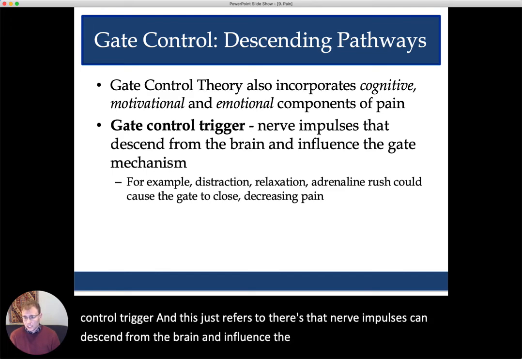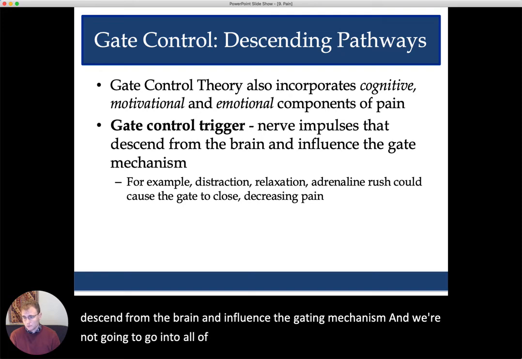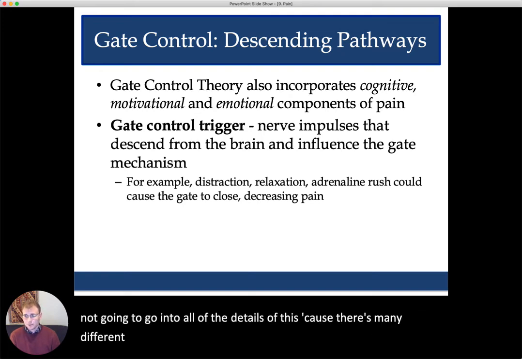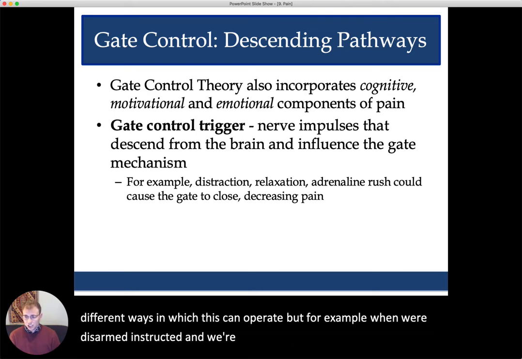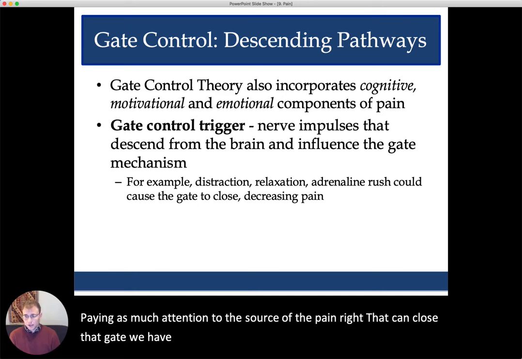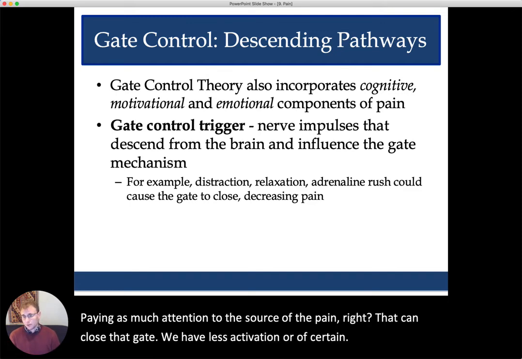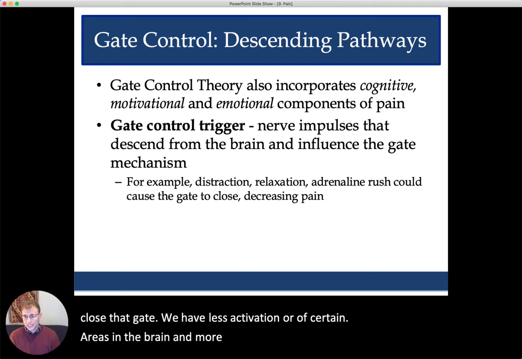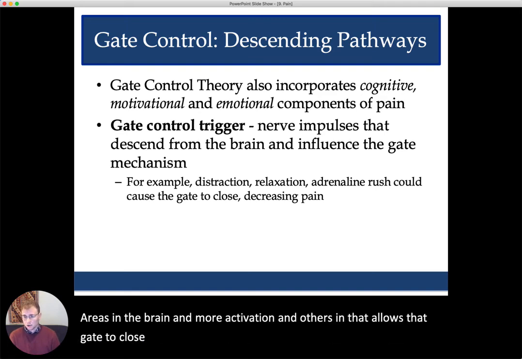And we're not going to go into all of the details of this because there's many different ways in which this can operate. But for example, when we're distracted and we're not paying as much attention to the source of the pain, right, that can close that gate. We have less activation of certain areas in the brain and more activation in others, and that allows that gate to close, at least somewhat, and so we don't experience as much pain in those cases.